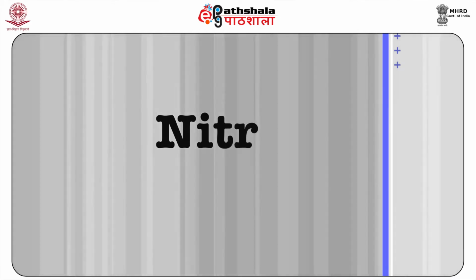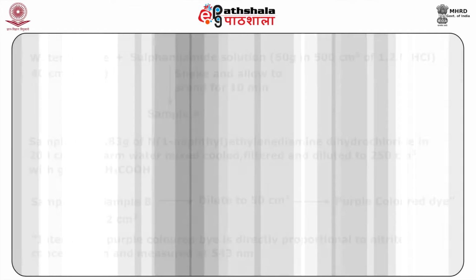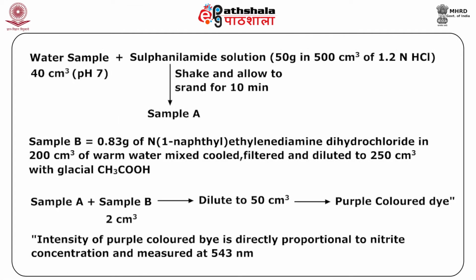The estimation of nitrite is based on a diazotization reaction in which a reddish purple dye is produced by N1-naphthyl ethylene diamine dihydrochloride at a pH of about 2.0 to 2.5.